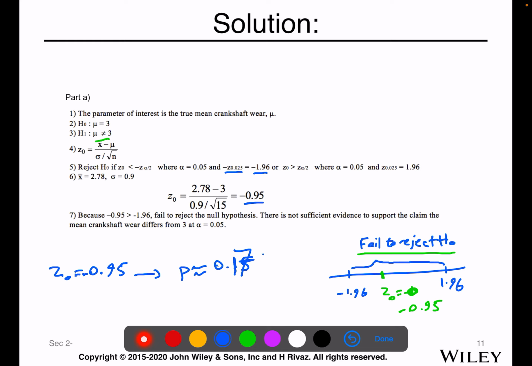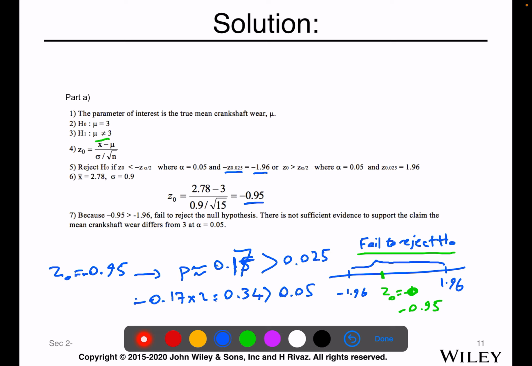Right? And this is much more than 0.05 that we need. Oh, remember, we have to actually multiply this by 2 too, right? Because it's a two-sided test, right? So it's much more than 0.025, because half of 0.05 is 0.025. 0.17 times 2, which is 0.34, is more than 0.05.